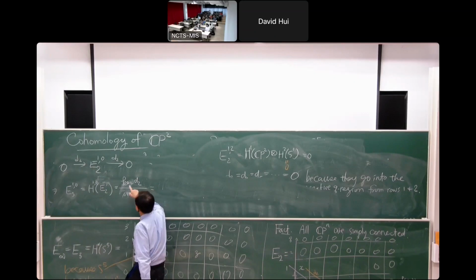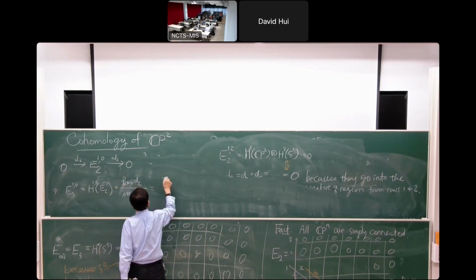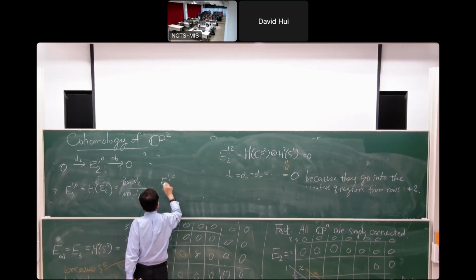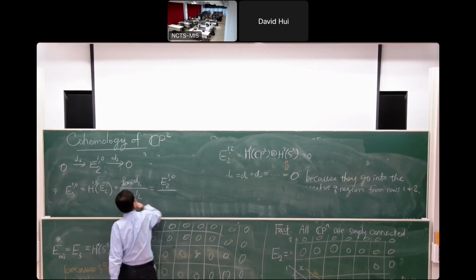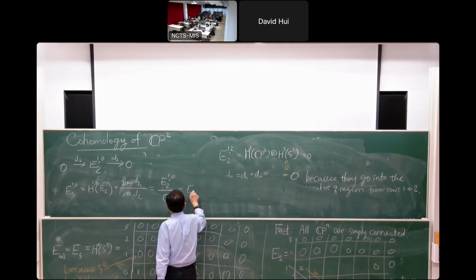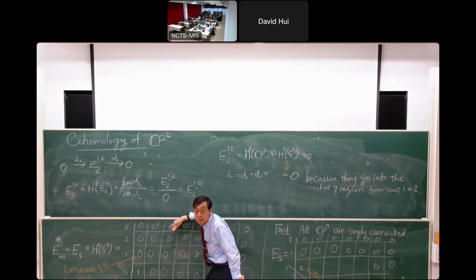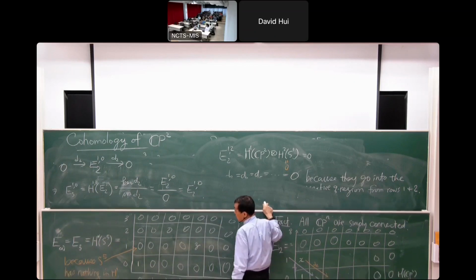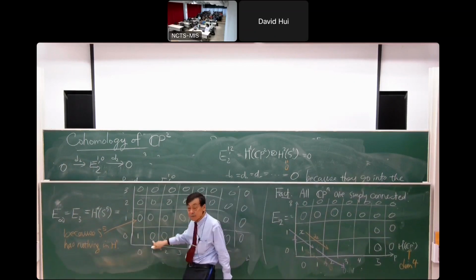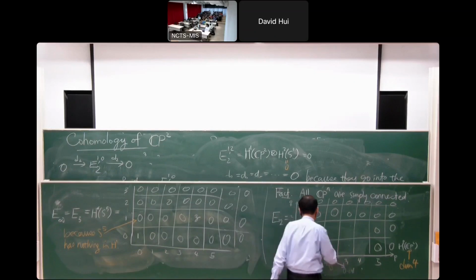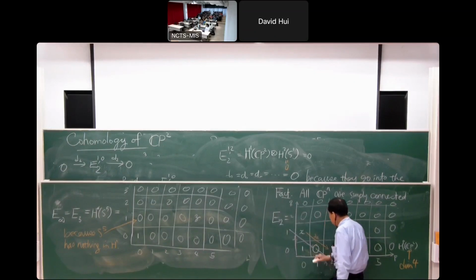The kernel of D2 is E2 1,0. The image of this D2 is 0, so it's E2 1,0. So E3 1,0 is equal to E2 1,0, and we know that E3 1,0 is 0. So this box has to be 0. Okay?